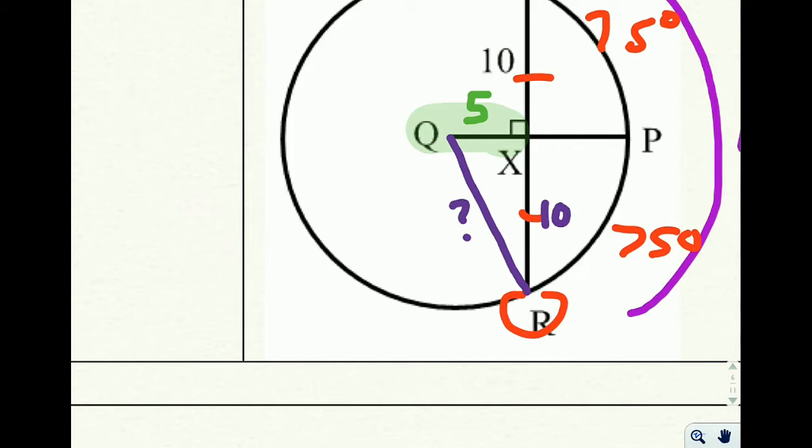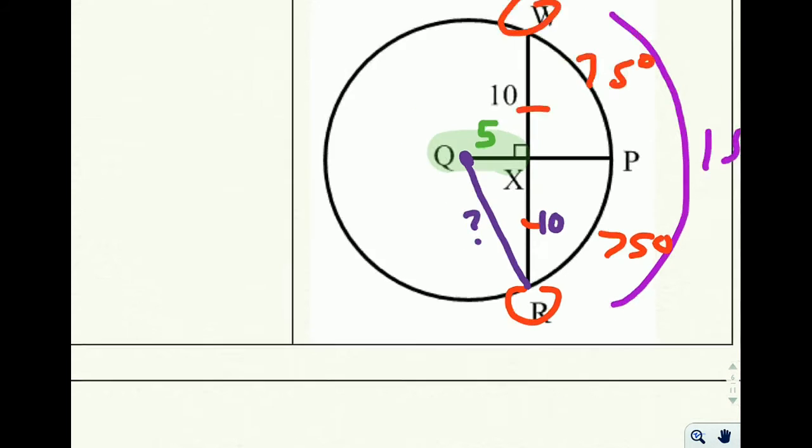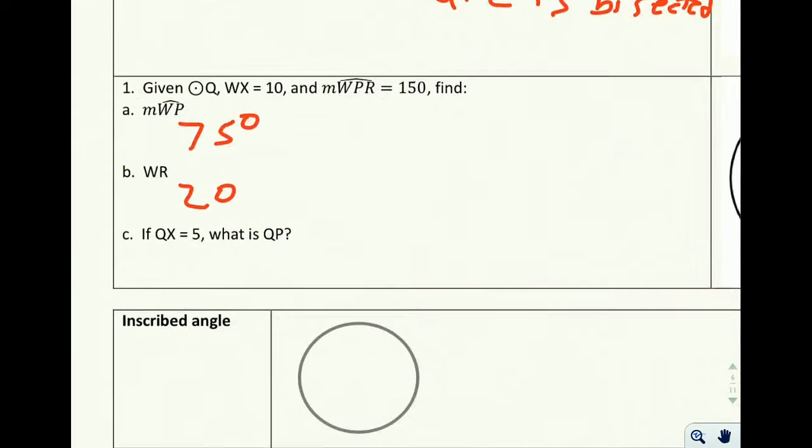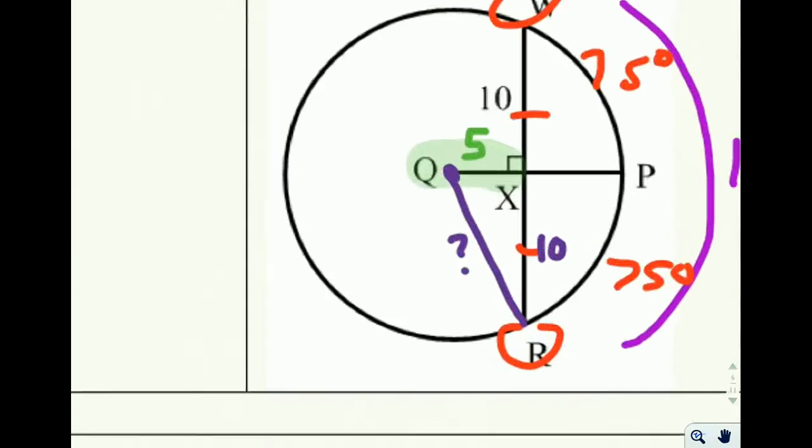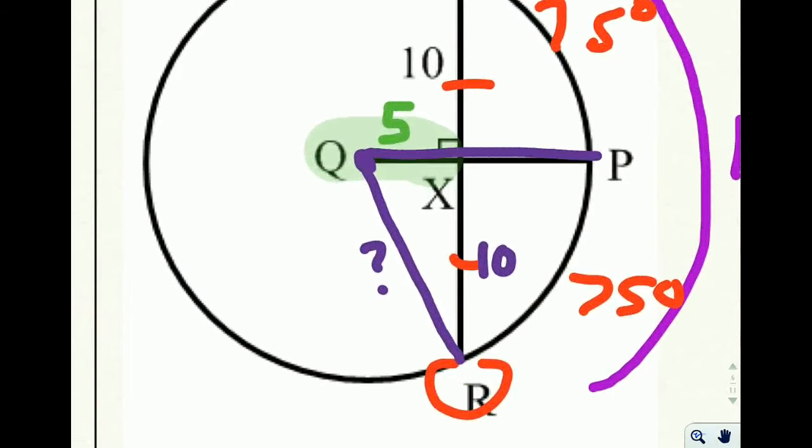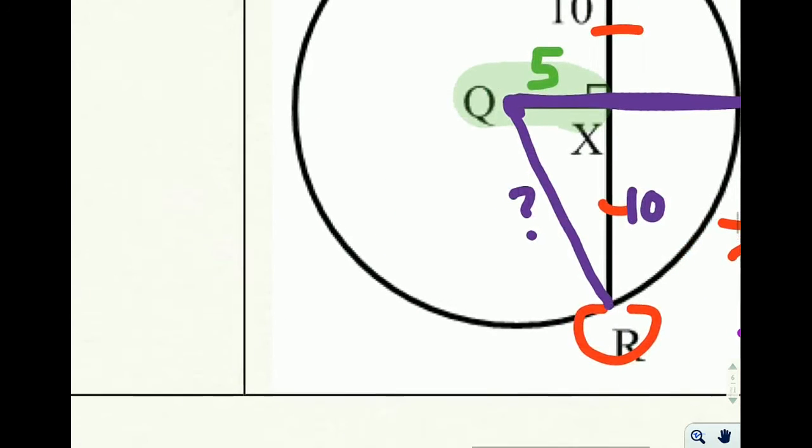The reason that unknown side is useful or significant is because that unknown side is a radius, and so is QP. So if we can find that unknown side, we can also find the whole length here, because this is also going to be a radius. So both of those are radii, therefore they are both the same length, so that we can use Pythagorean theorem here to solve for that.